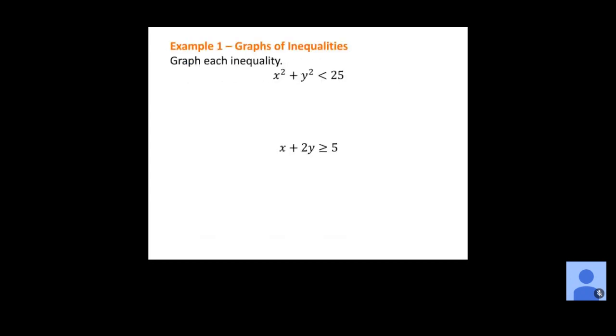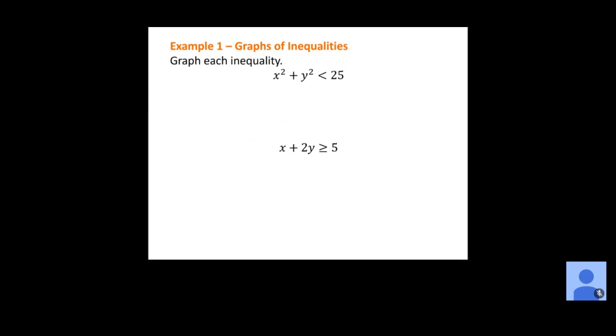All right, so let's take a look at this first one here. We've got x squared plus y squared is less than 25. So the first thing we're going to do to graph it is we're going to think of it as an equation. So if this was just x squared plus y squared equals 25, what would that look like? It's a circle, right?